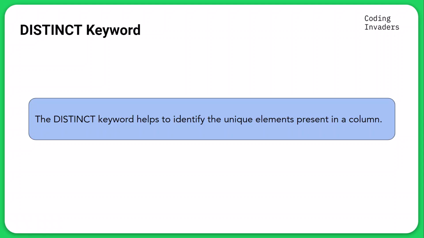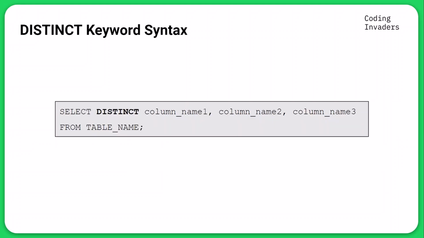To summarize what we learned, distinct helps to identify the unique elements present in a column. Keep in mind that the more columns you add in distinct, the more cardinality you will have. Select distinct column name 1, column name 2, column name 3, however many columns you want from table name. Here we use the keyword distinct before the column or multiple columns from which we want the unique values.